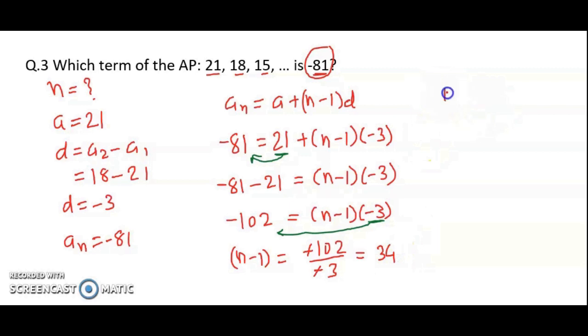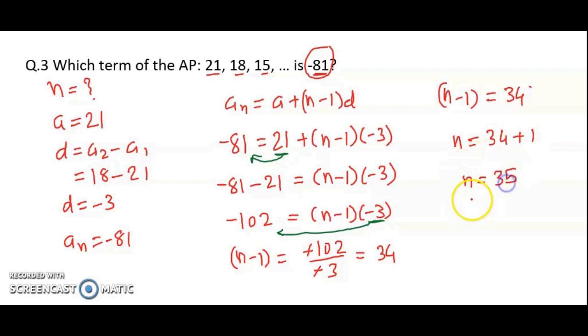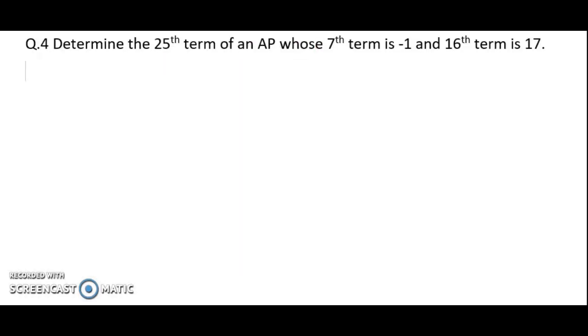So here we get n minus 1 equal to 34. So n equal to 34 plus 1, that is 35. So here we can say that the 35th term of this given AP will be minus 81. See the question number 4.